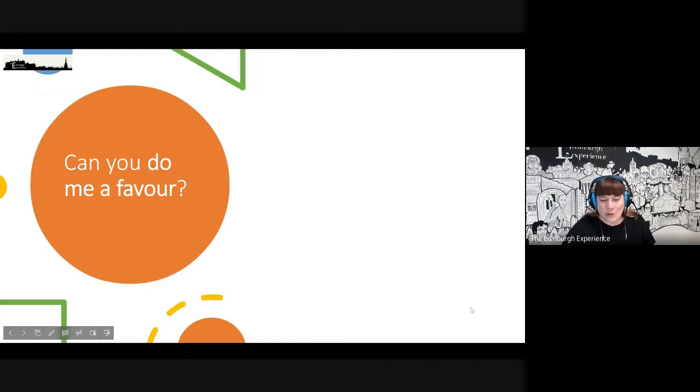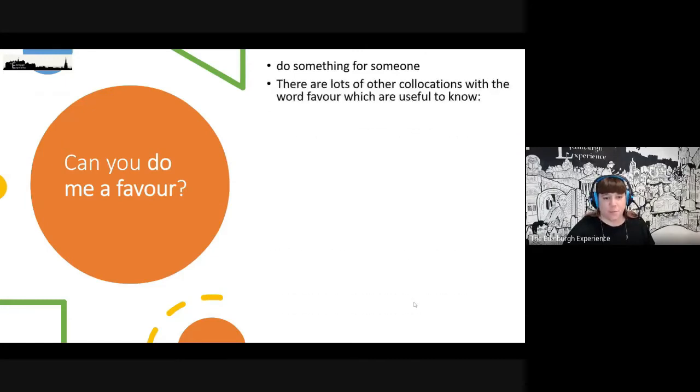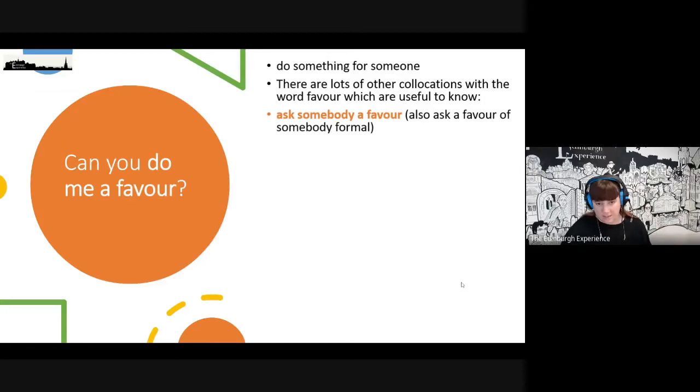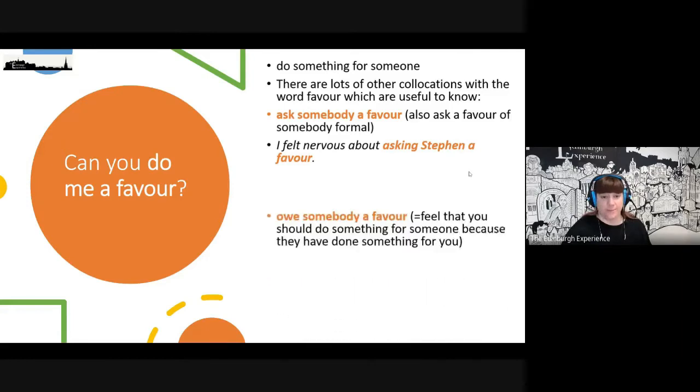Can you do me a favor? Okay, so this is when you do something for someone. And there's actually lots of different collocations with the word favor, which are sort of connected to this, which are useful to know. So we would ask somebody a favor, okay? So for example, I felt nervous about asking Stephen a favor.